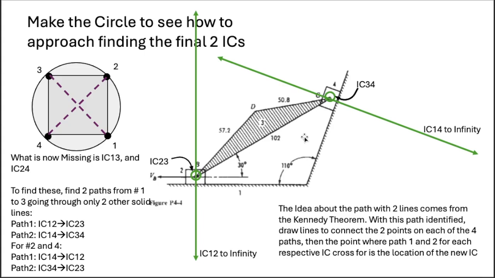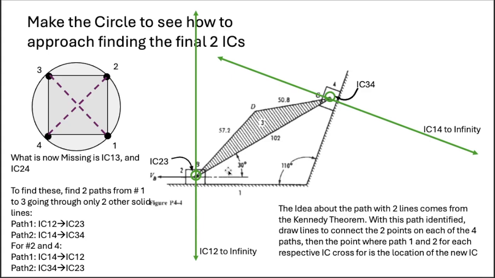You're going to have to remember that when you're working in a situation with two infinity instance centers, then that means that the first line you originally drew was actually a 2 infinity instance center as well.